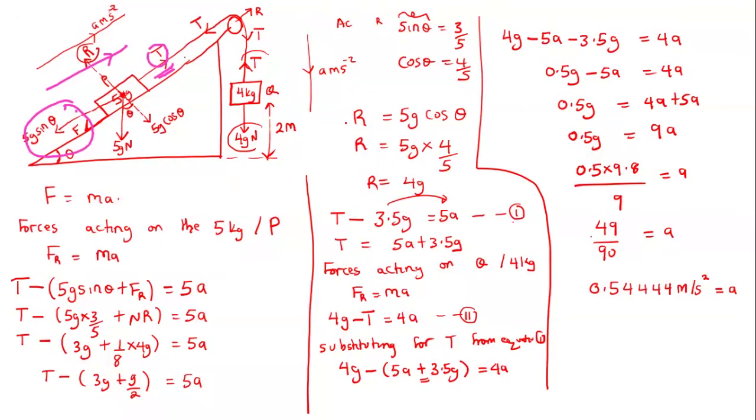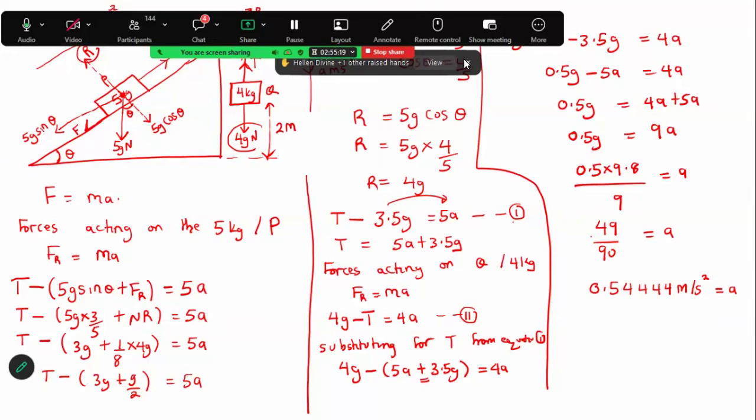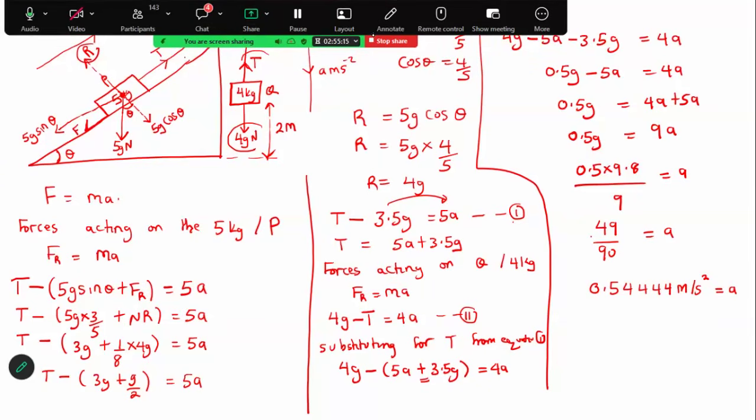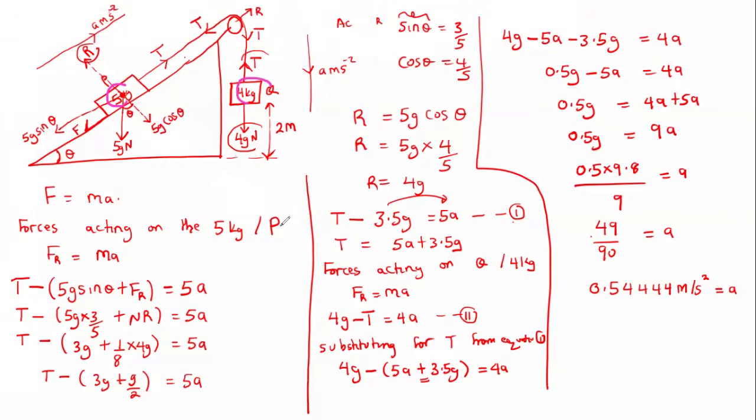One thing I want you to take note of is, I know you may ask yourself, how can a 4 kilogram body pull a 5 kilogram body? Now, it is very possible.